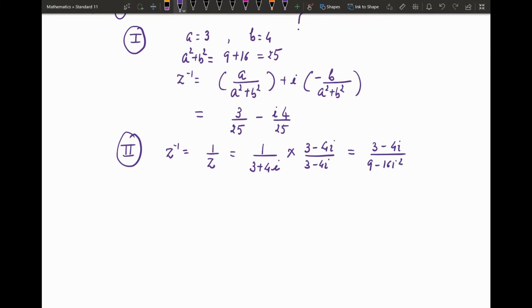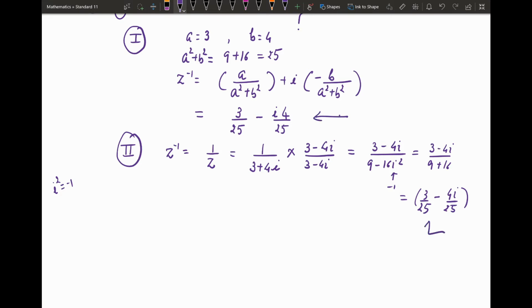In the denominator we have x plus y into x minus y, that is the x square minus y square form, but we know i square equal to minus 1, so minus minus plus, so 3 minus 4i upon 9 plus 16. So you can observe it is 3 by 25 minus 4i upon 25. So both are same. When you evaluate z inverse, both are same.